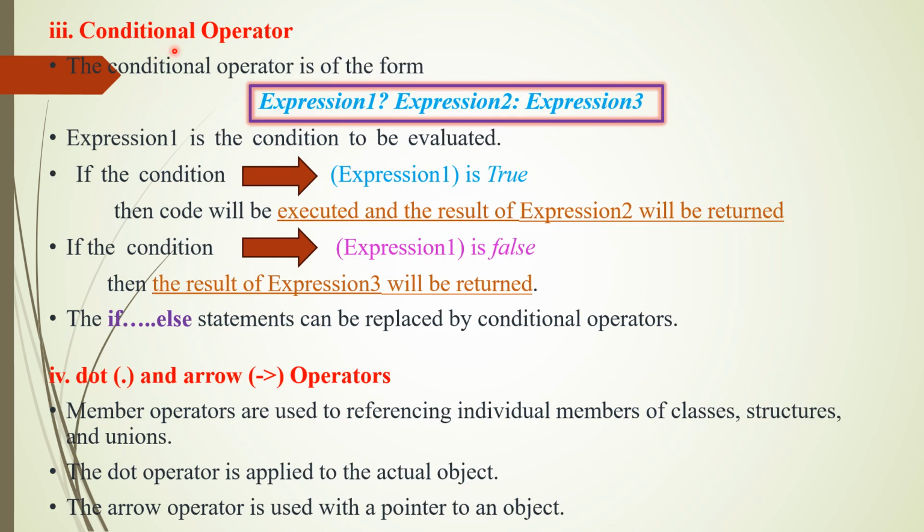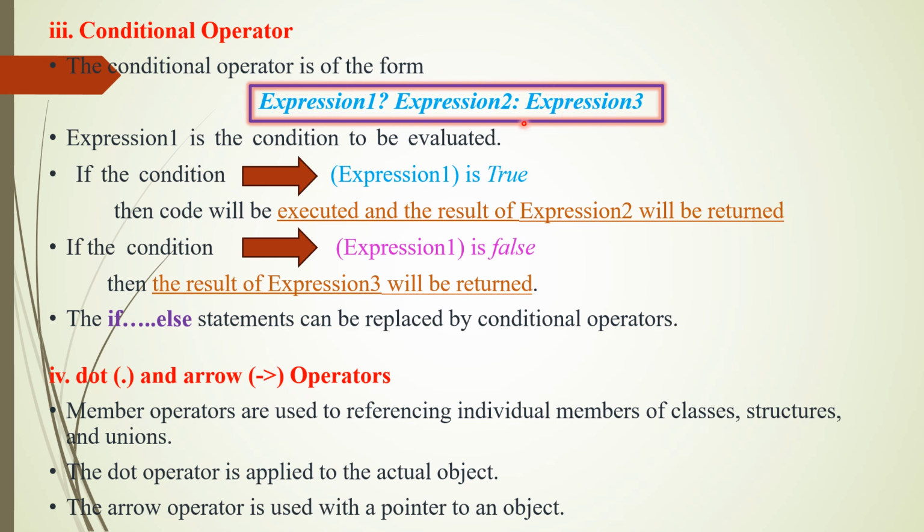Next comes the most important one, the conditional operator. Here we have an expression 1. Instead of if else condition, we can use this: expression 1 question mark, expression 2 colon, expression 3. This is the syntax.